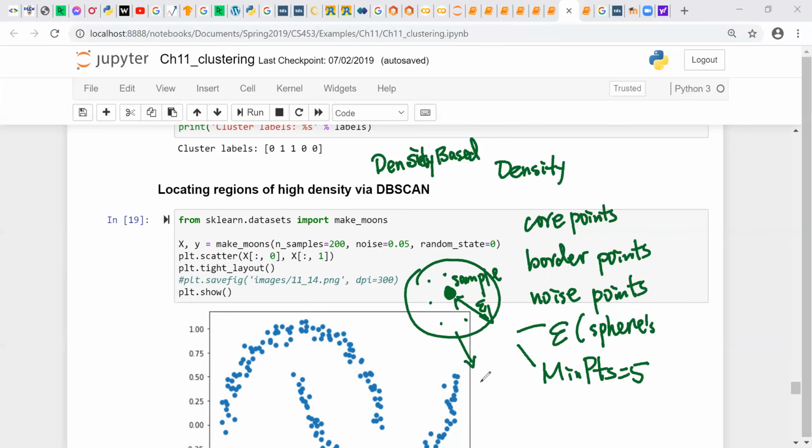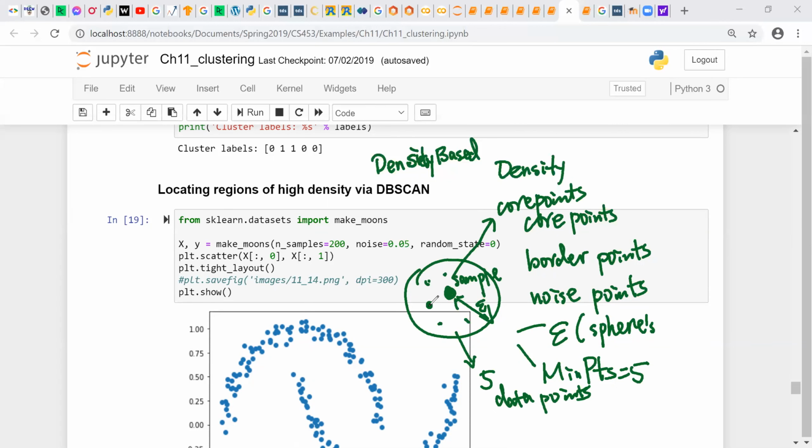If it has 5 data points included, and in this case I do have, then this point is defined as a core point.